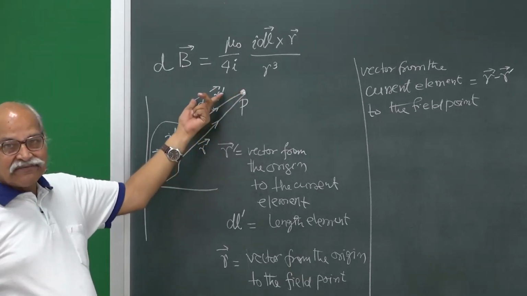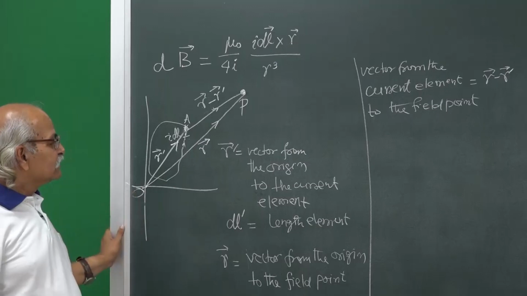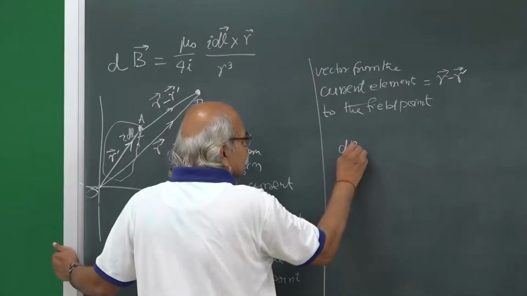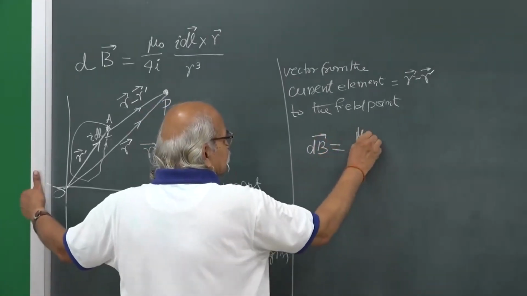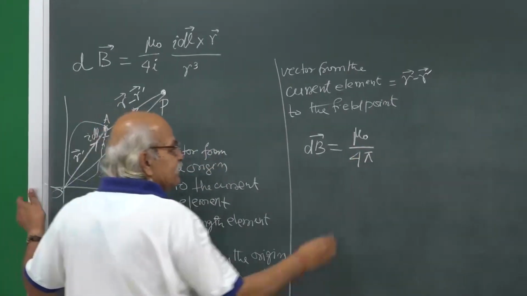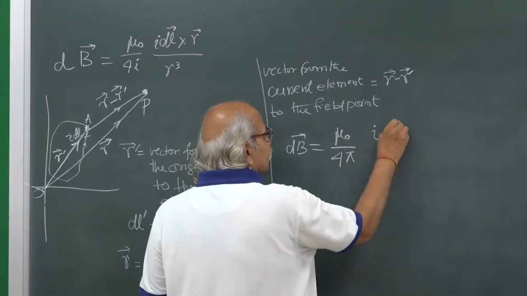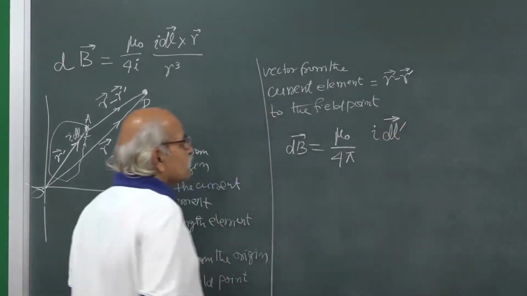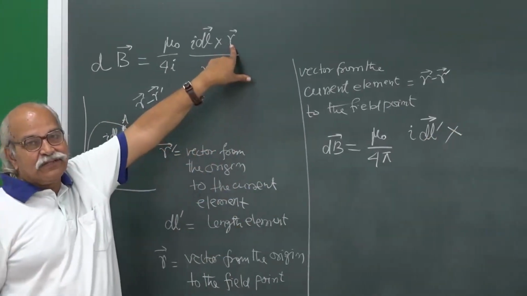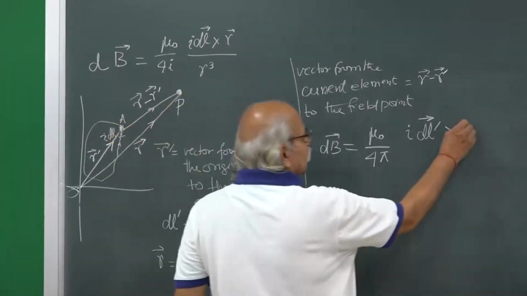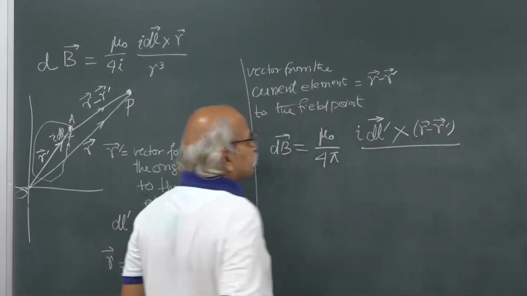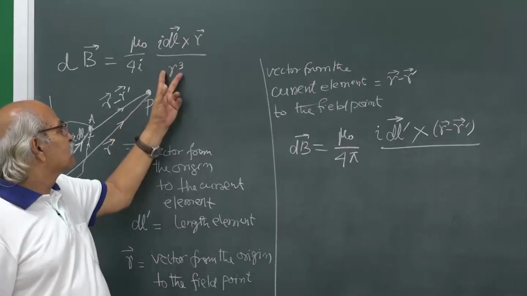So, this is that vector from the current element to the field point, and then this dB, now the symbols will be different, it will be mu naught by 4 pi I dl prime, and cross, this is the vector from the current element to the field point, and this is now r vector minus r prime vector, and magnitude of this cube.